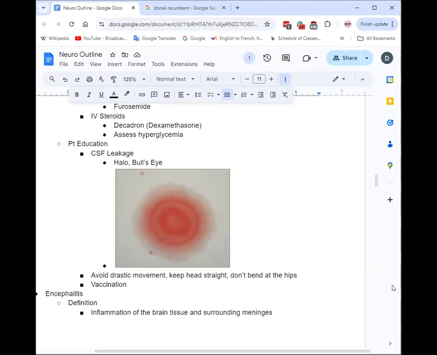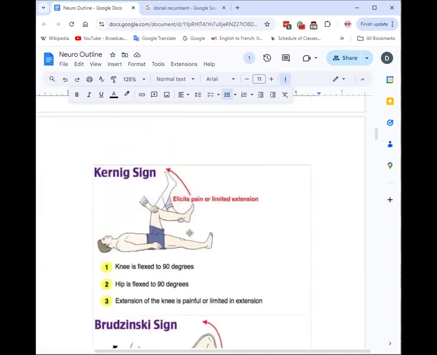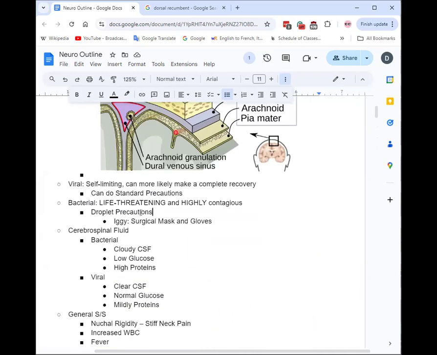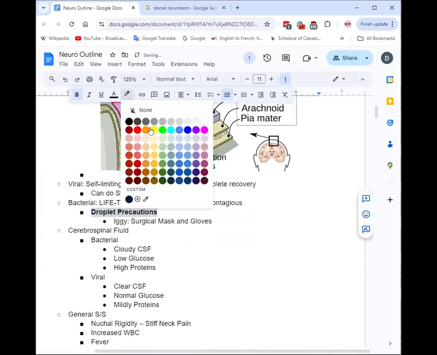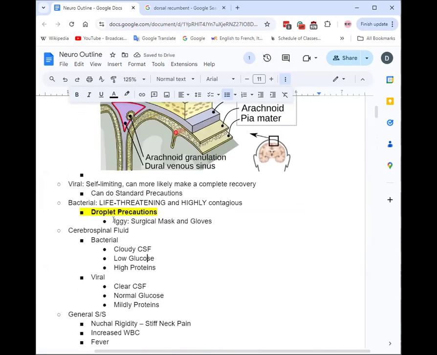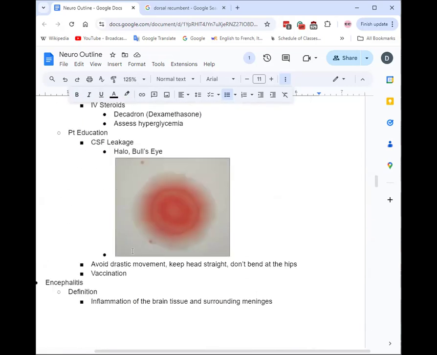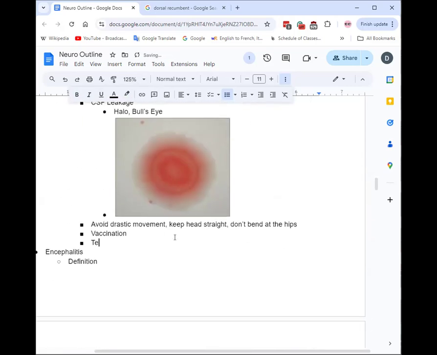Yeah, droplet precautions as well. Kind of goes all the way back, right here with the bacterial, you have droplet precautions. Yeah, just at the very top. I guess something to do is maybe teach visitors and family about droplet precautions. Good.